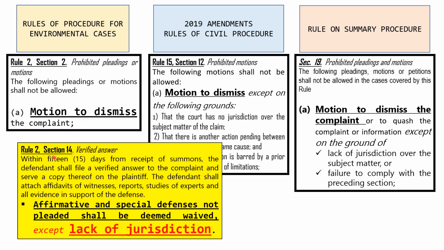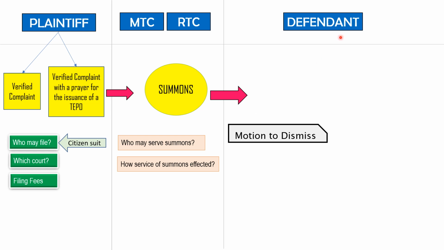If you read your Section 14 of your Rule 2, affirmative and special defenses not pleaded shall be deemed waived except lack of jurisdiction. So, kung hindi mo nga na-i-plea pa rin yan na walang jurisdiction ang court, pwede mo pa rin habulin because that is not considered waived. So again, in your environmental case, defendant is not allowed to file a motion to dismiss.